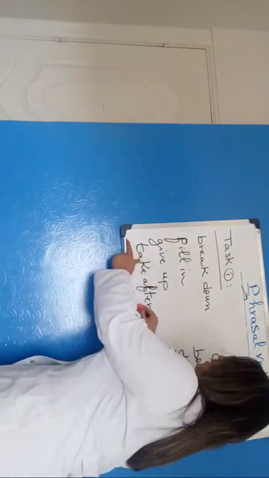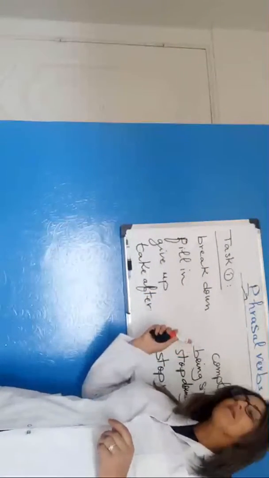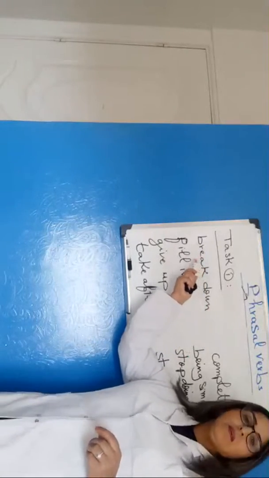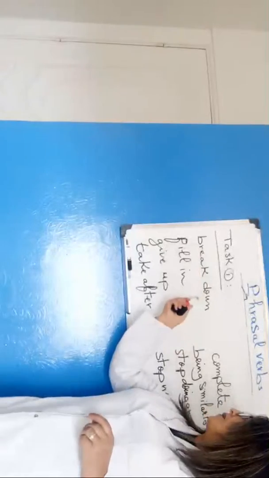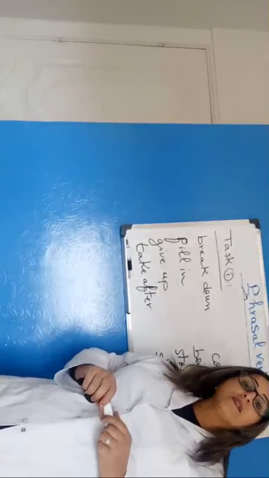Okay, we try to make a matching. This is a matching exercise. Let's start with the first one. So think about this. Break down. Which meaning? Okay, I give you time.